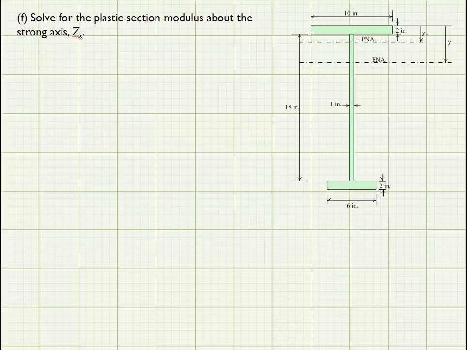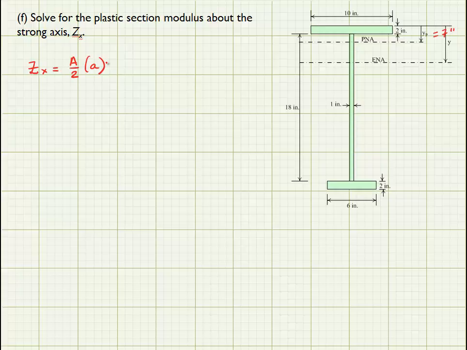So our next task is to solve for the plastic section modulus about the strong axis. So now we know where y sub p is. This is 7 inches. We need to solve for the plastic section modulus. So Z sub x, we said, is equal to the total area divided by 2 times a moment arm between the area that's resisting compression and the area that's resisting tension.